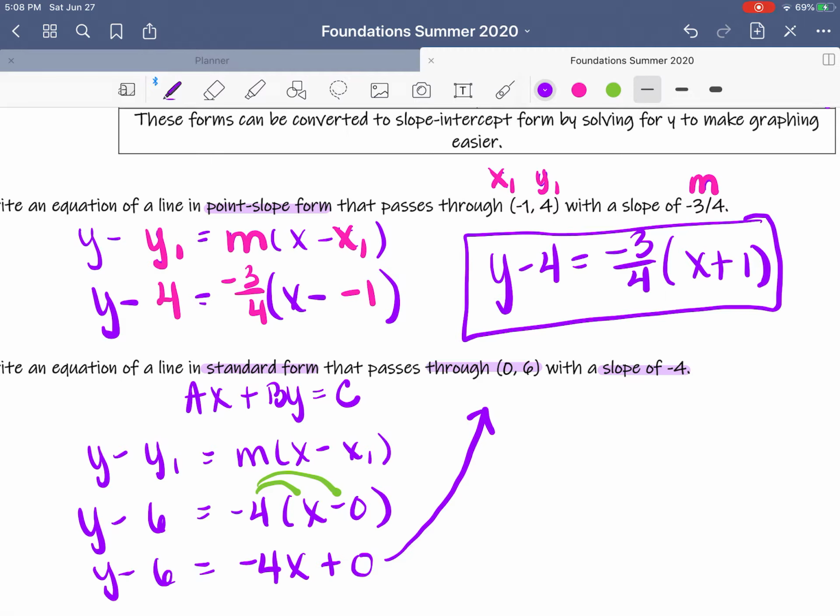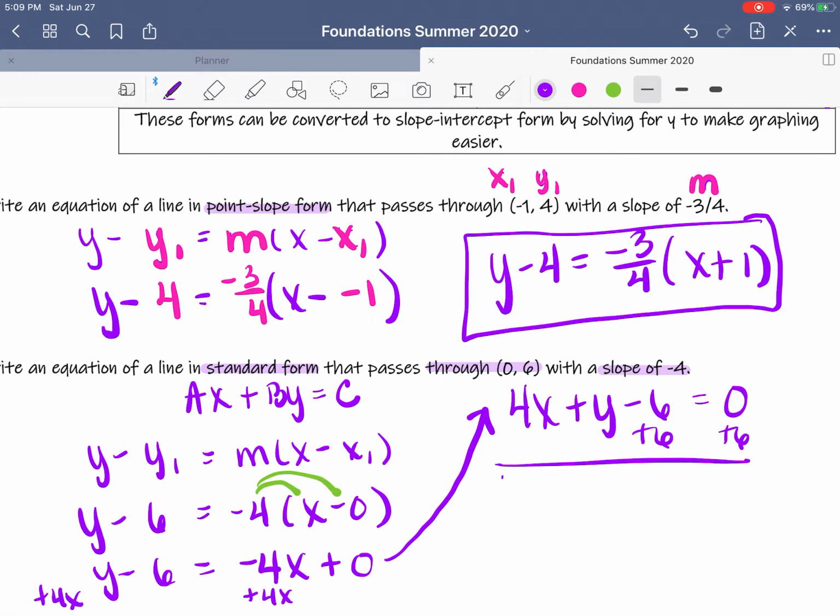And then we're going to use our solving skills. I'm going to move x to be over here and -6 to be over here. So that means I'm going to have to add 4x and add 6. Added 4x, added 4x. And we get this.